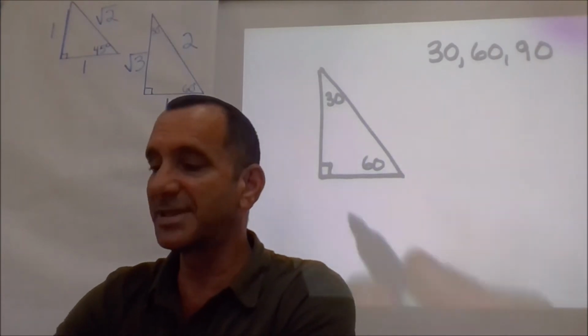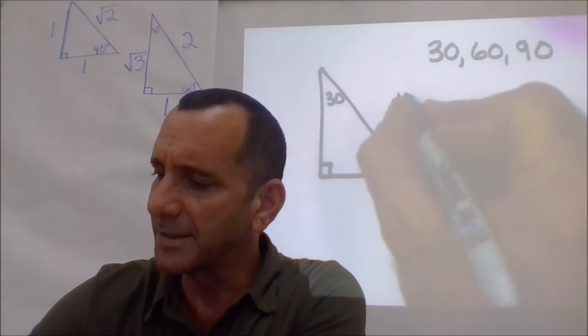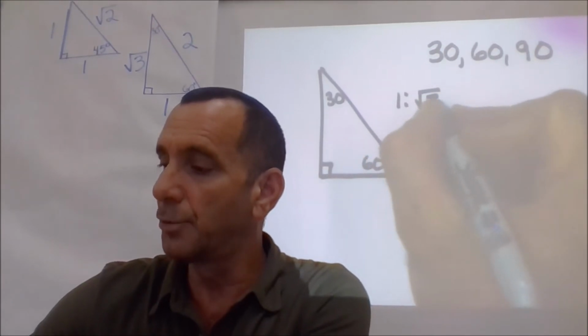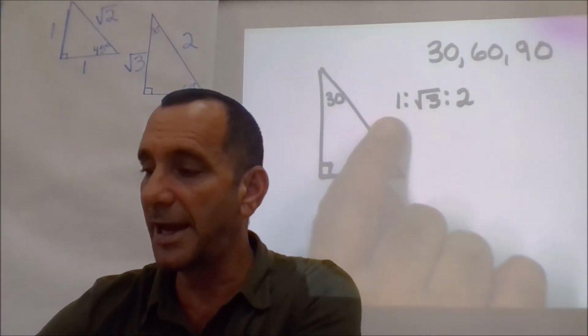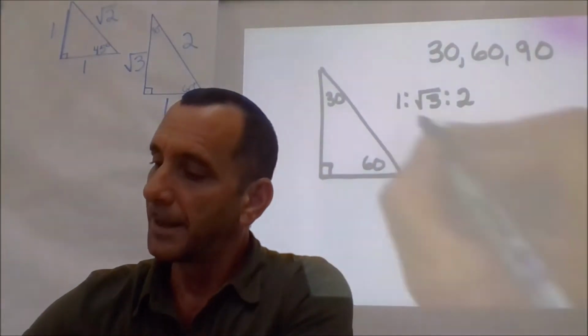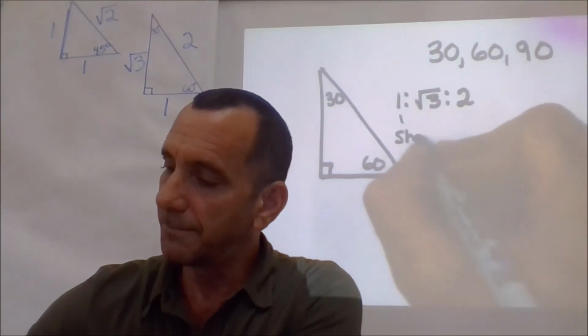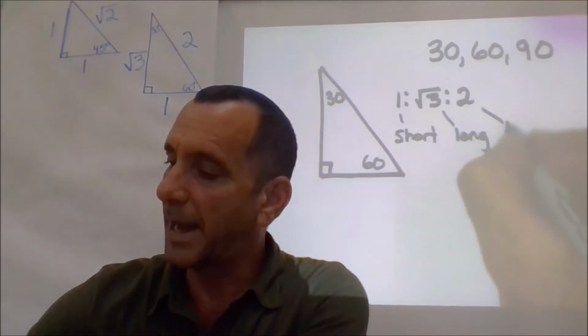Now, that's an interesting relationship, and I'm just going to write that down as 1 to square root of 3 to 2, and that's a ratio of the short leg to the long leg to the hypotenuse. I'm going to call that short, long, and hypotenuse.